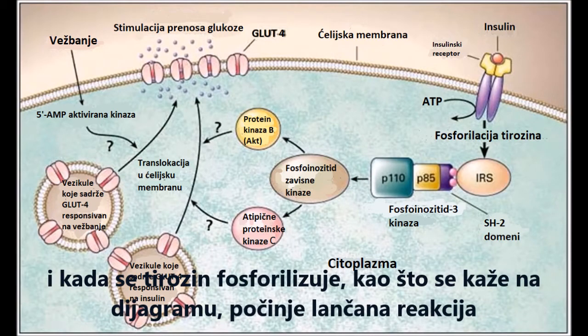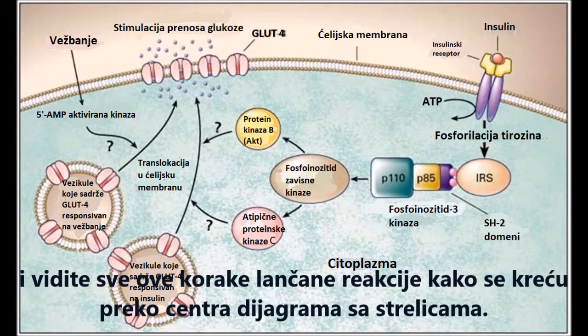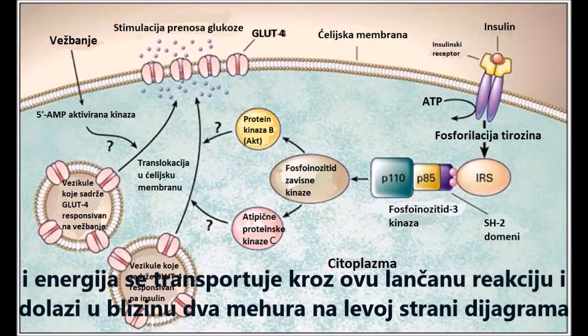And when the tyrosine gets phosphorylated, as it says on the diagram, there is a chain reaction where energy moves across the cell. And you see all these steps in the chain reaction moving across the center of the diagram with arrows. And energy is transported in this chain reaction, and it gets to the vicinity of the two bubbles in the left part of the diagram.